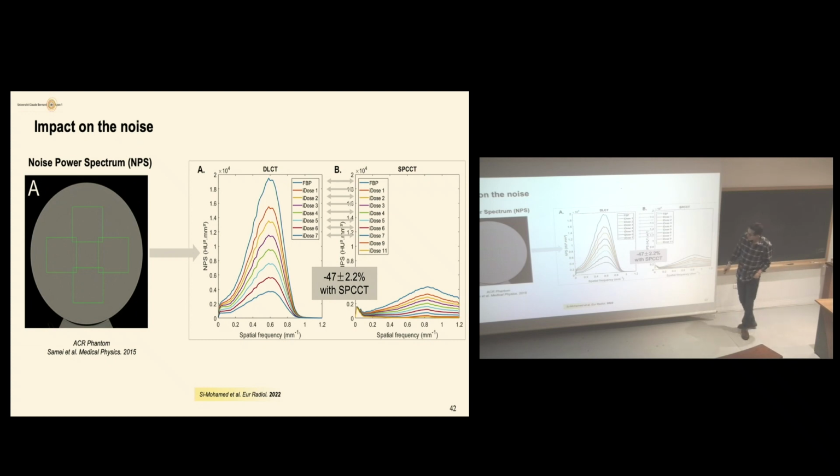But the fact is that here you have, first point, a decrease of all the images, independent of the level of iDose. The more you are using iterative, the more you are decreasing the noise for each setup, but still you are keeping the difference between dual energy and spectral photon counting CT due to the difference in terms of detection.